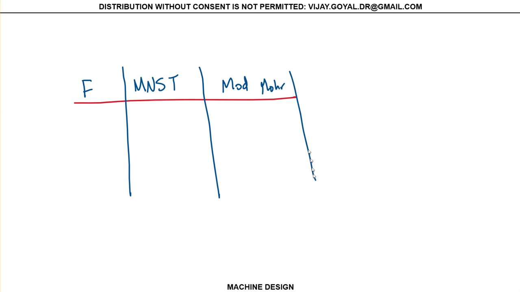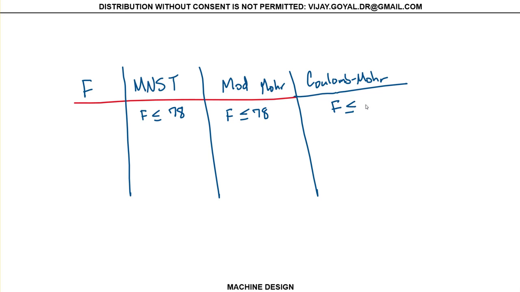That actually gives you the same value. We could do Coulomb-Mohr. And this told you F has to be less or equal than 78. This said that F has to be less or equal than 78 as well.